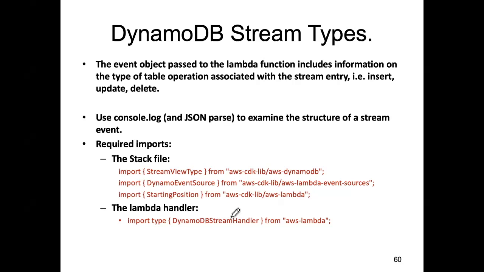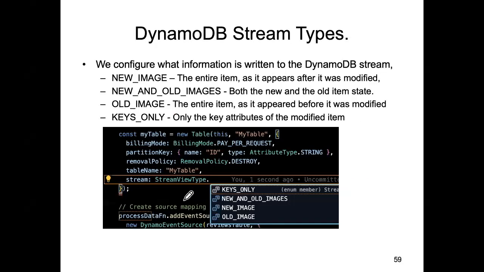Here's another type of Lambda handler, DynamoDB stream handler. Also in the actual CDK file, you need to include these imports, because they will resolve some of the stuff that you're using here and down here.